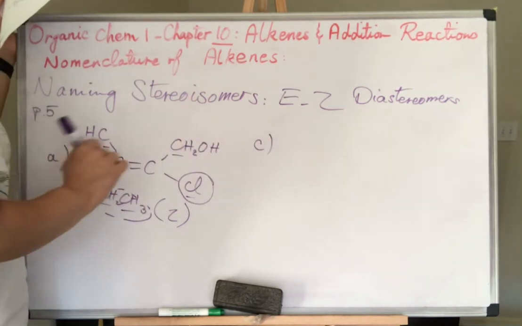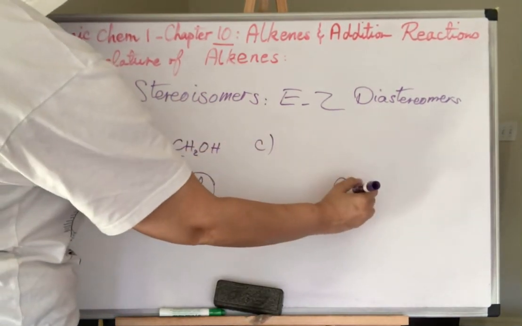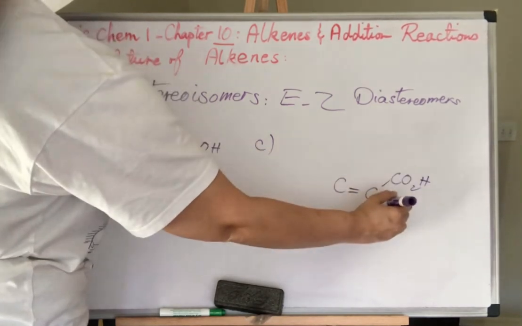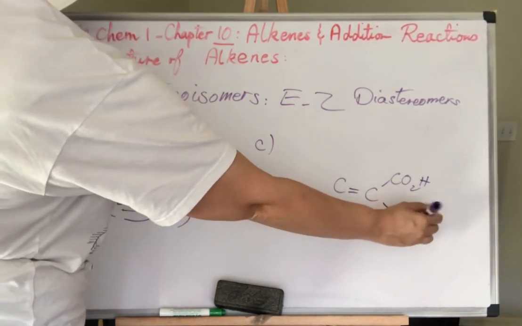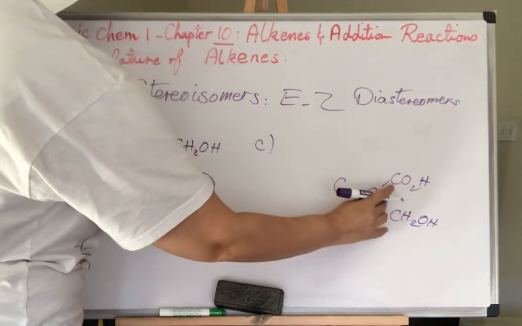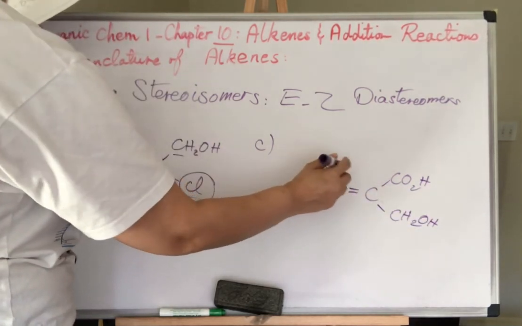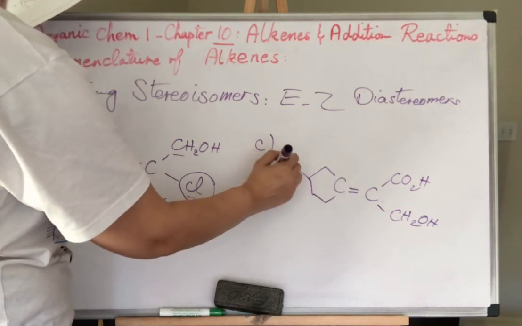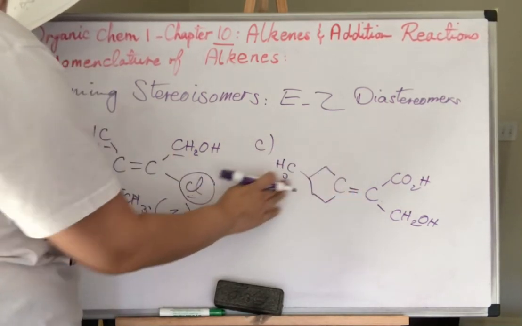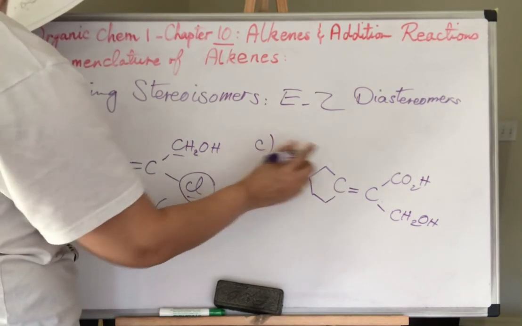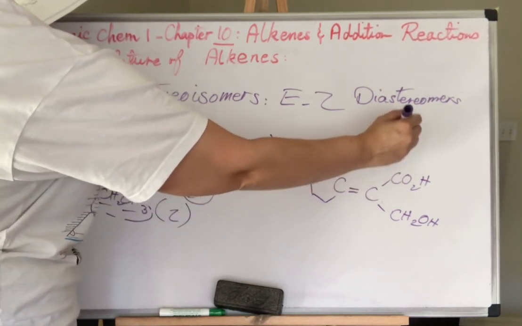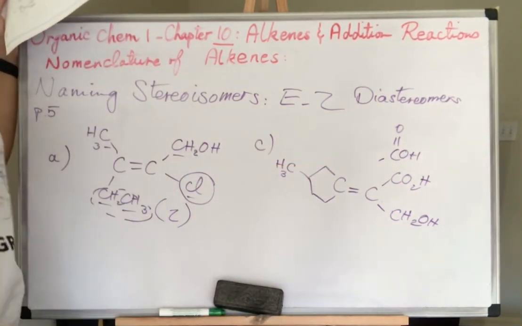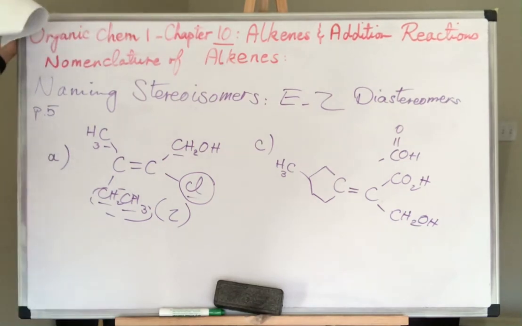Work on C because this is different, and most of the students get stuck when they see a ring here. I'll start with this carbon on the right side. So what is connected to carbon on the right side? COOH. You need to be good at functional groups at this point.